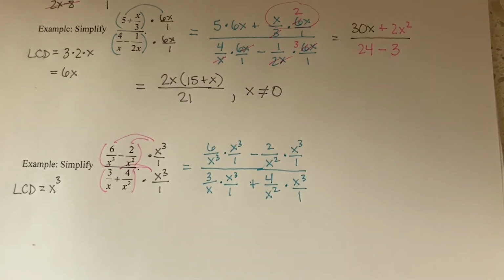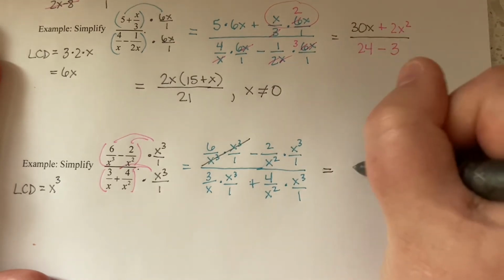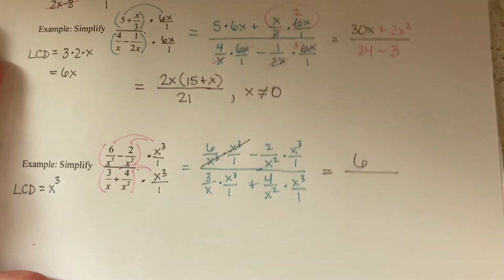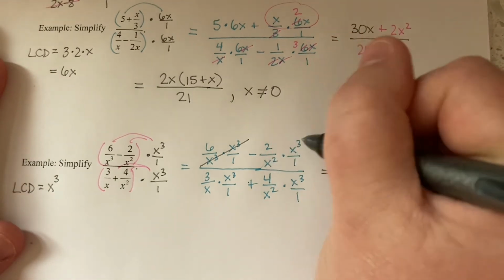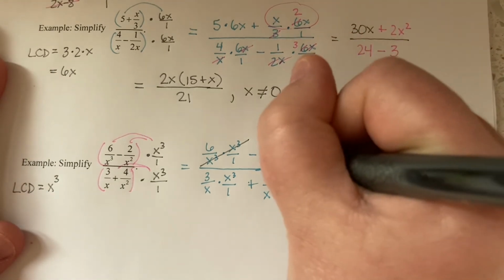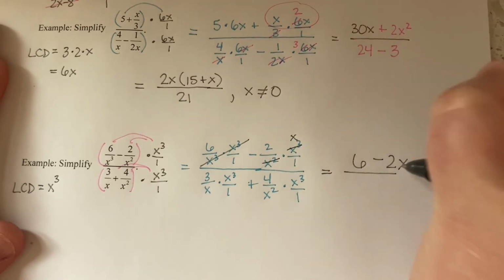Now we see what cancels. In the first fraction, the x cubes go away, so what's left is just 6. In the second fraction, x cubed divided by x squared is just x to the first power, so this will be minus 2x.